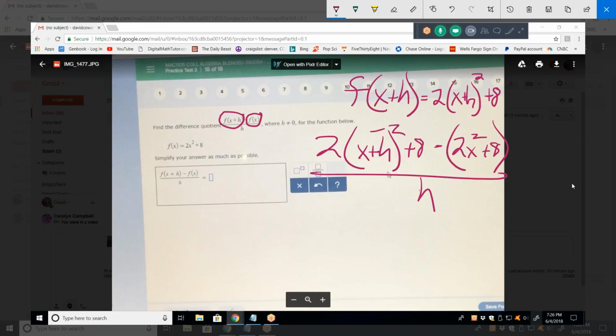What do you get when you square it? X squared plus h squared. No. Most common mistake in algebra is what you just did. You have to FOIL it. Oh, I FOIL it. (x plus h)(x plus h). Yep, I see. Okay, so it's this.